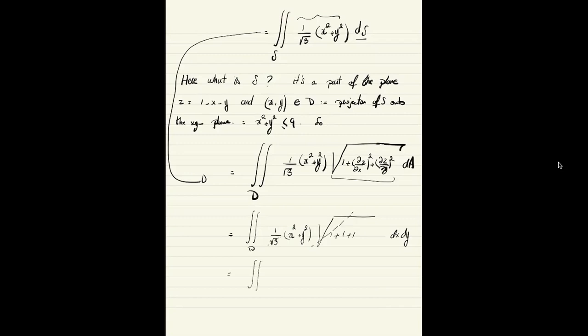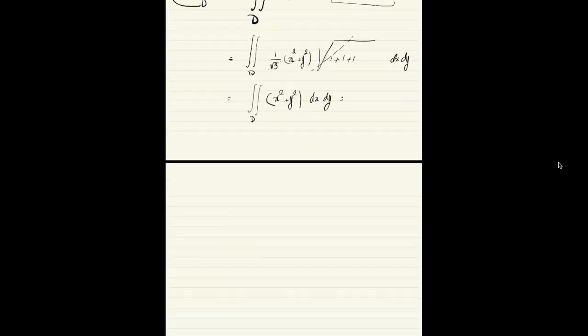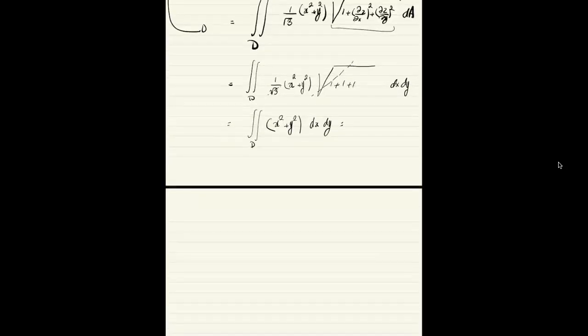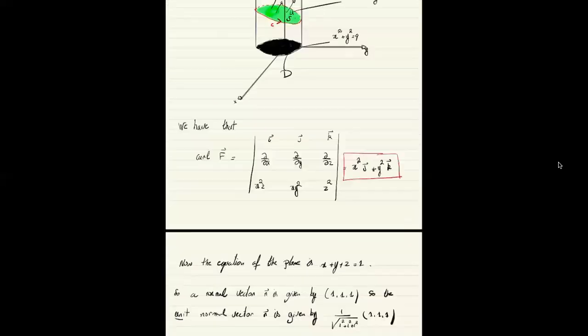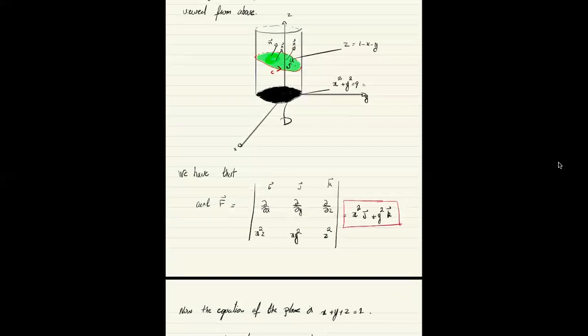We are integrating over D of x squared plus y squared dx dy. Whenever you see x squared plus y squared and we are in a circle, it's obvious that you need to go to polar coordinates. So this is r squared times r dr d theta, theta from 0 to 2 pi, r from 0 to 3. This is the radius of the circle. The radius is 3.